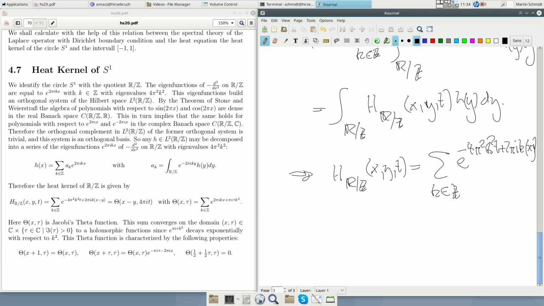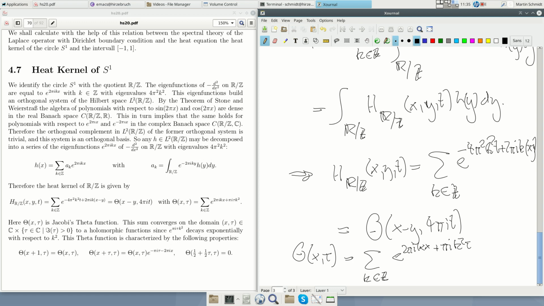Now we may write this also in terms of the theta function. This is the same as the theta function of x minus y and 4πi t, where the theta function of x and tau, usually the second argument is called tau, is defined as the sum over k in Z of exponential of 2πi k x plus πi k² tau.